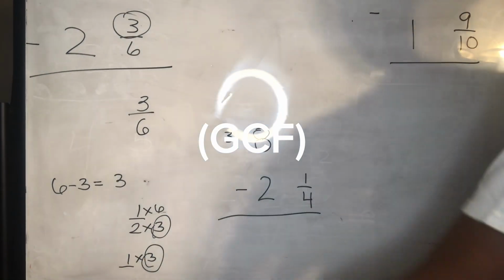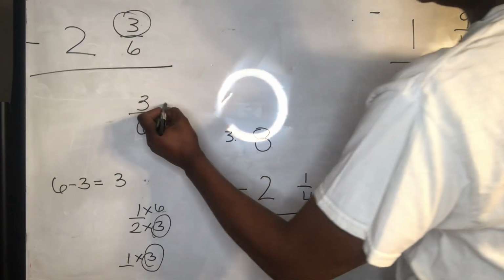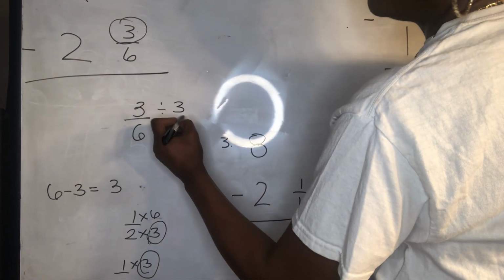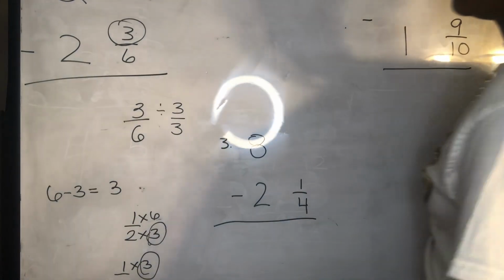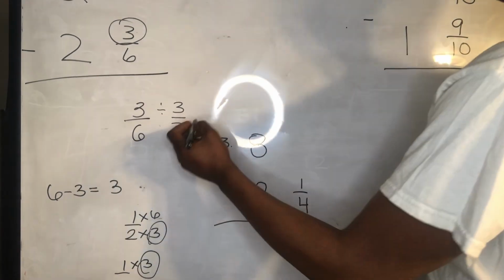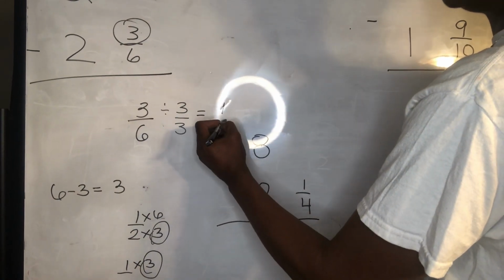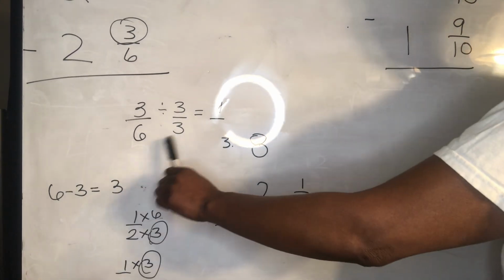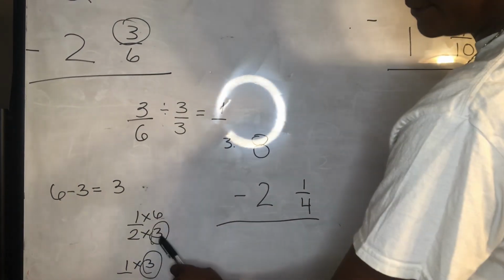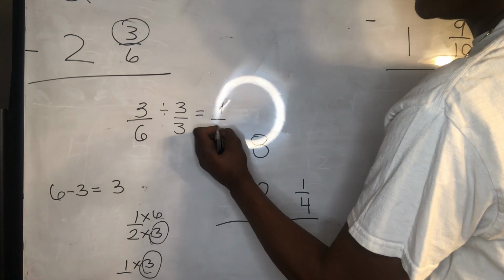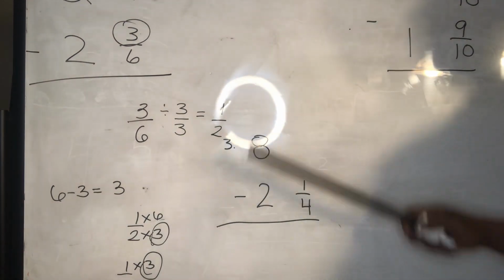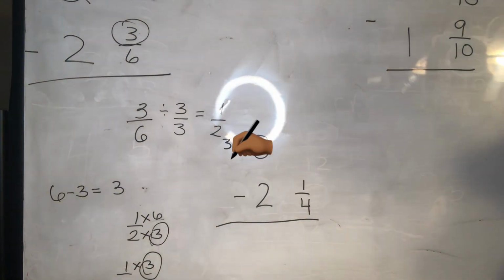We can't use 1, it would be 3. So now it's 3 over 3 is what we divide that by. And if we have 3 and we divide by 3, we only can do that 1 time. And if we have 6 and we divide by 3, as we see in the opposite, we only can do that 2 times. So that would then get you a new fraction of 1/2.